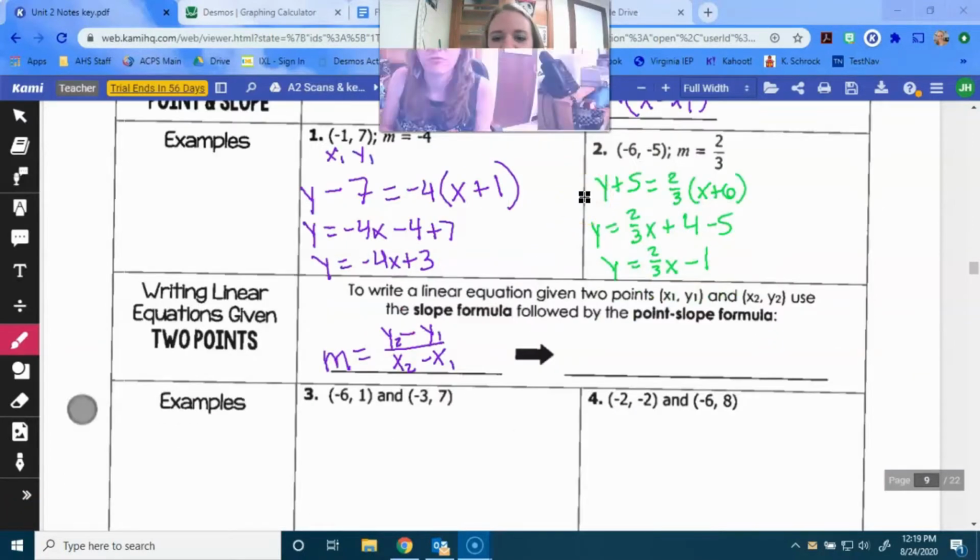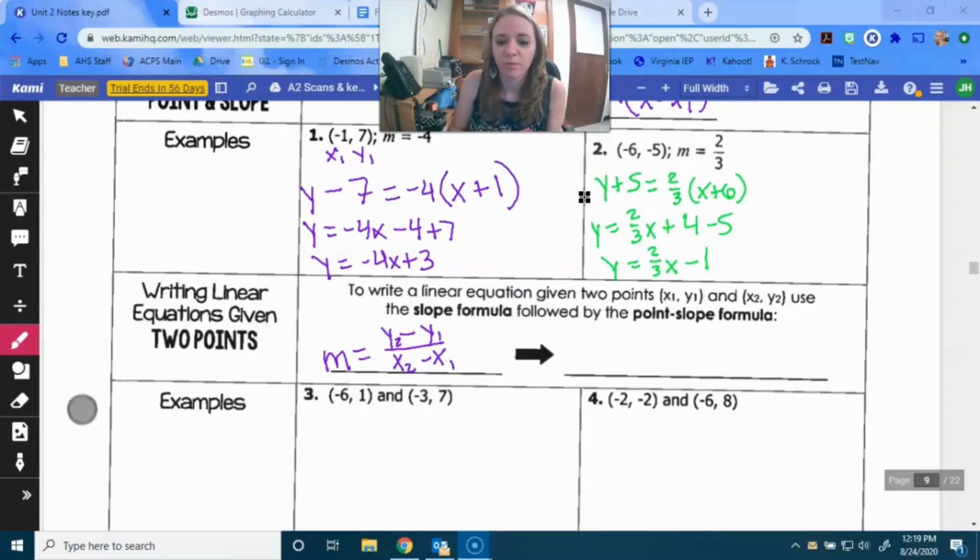Alright, so if we want to get the slope, and we have 2 points, remember that this is your slope formula. Lowercase m is slope, y2 minus y1 over x2 minus x1, which is rise over run, the change in your y's over the change in your x's.